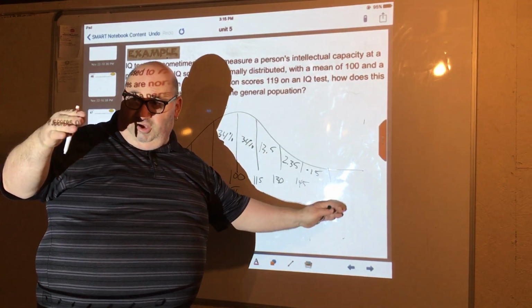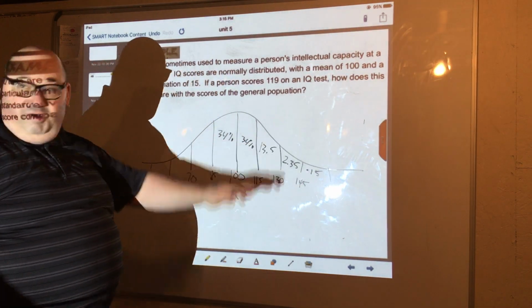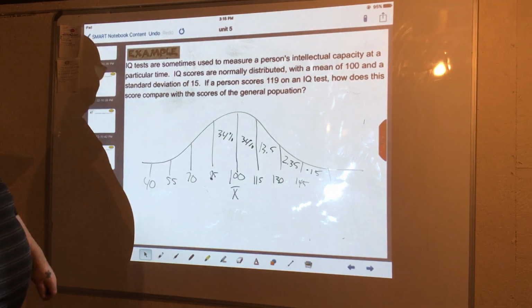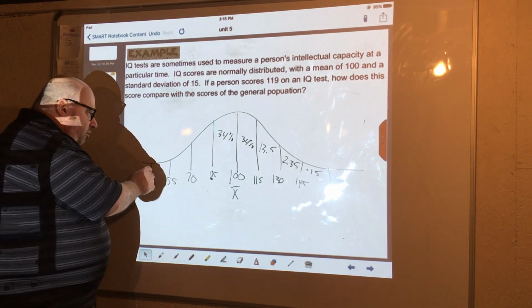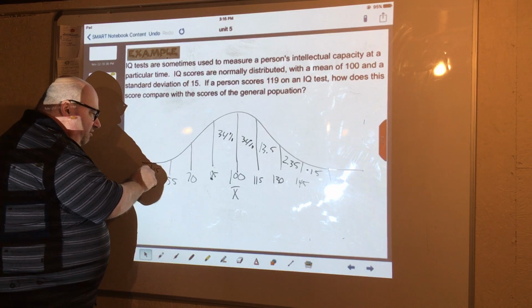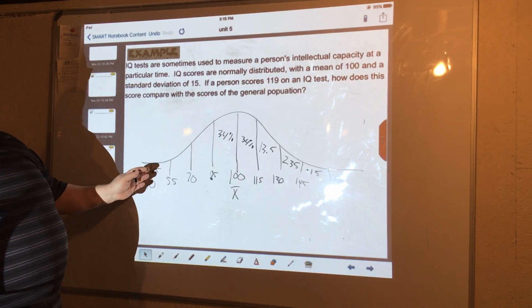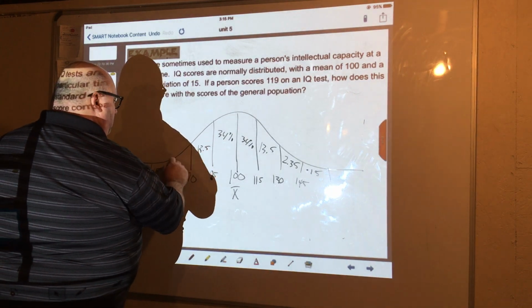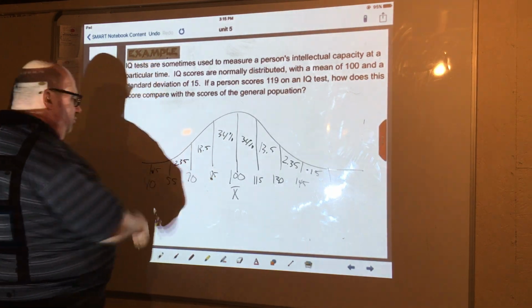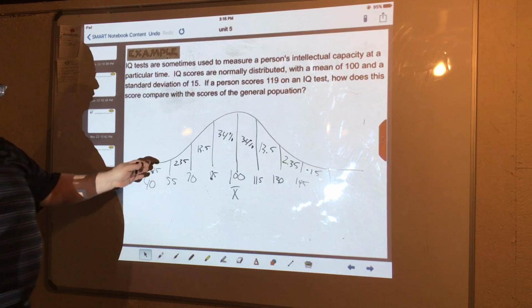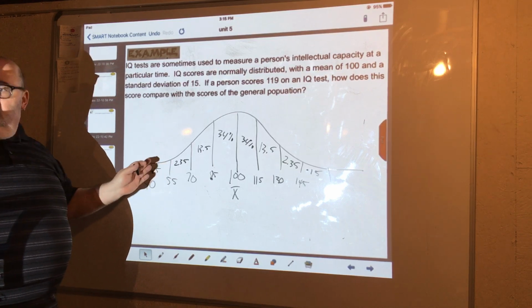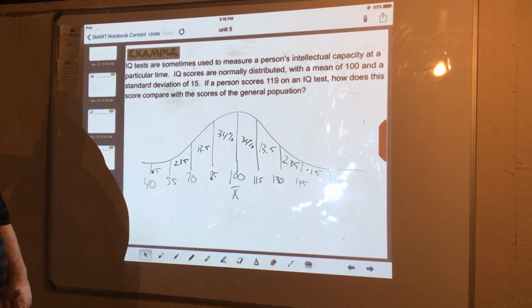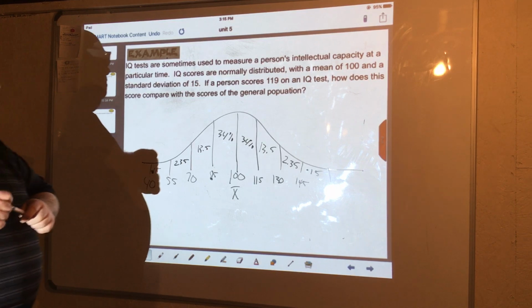Stephen Hawking, I don't know, probably in there somewhere. Just like 0.15% are going to be below 40. So 0.15% going to be below 40.